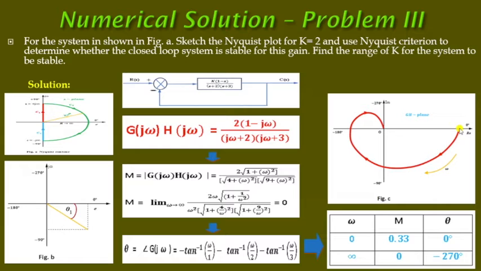This is the starting point. Then omega is increased and the plot crosses minus 90 degrees, then crosses minus 180 degrees, then touches minus 270, but the magnitude is 0. So this is the C1 path.